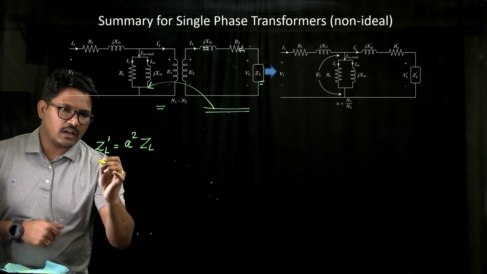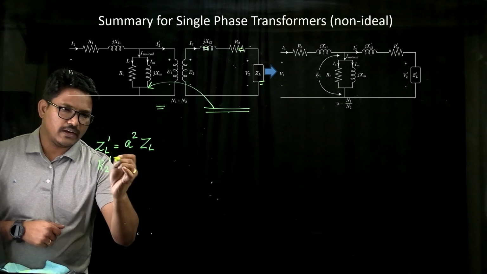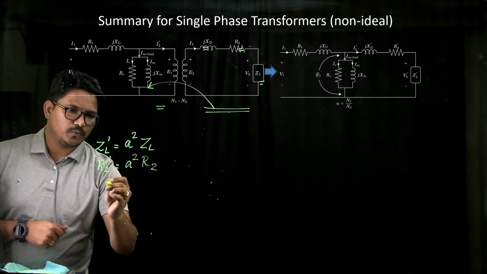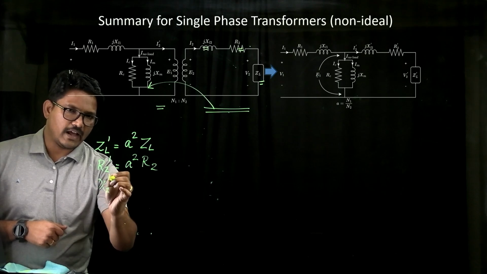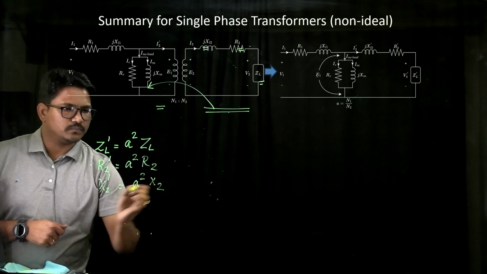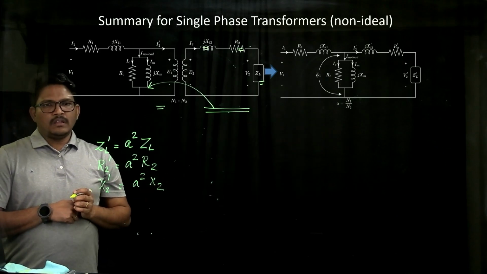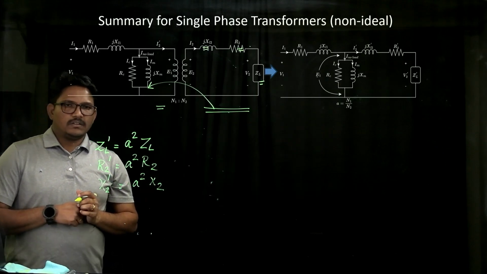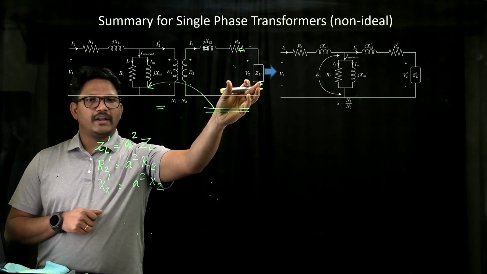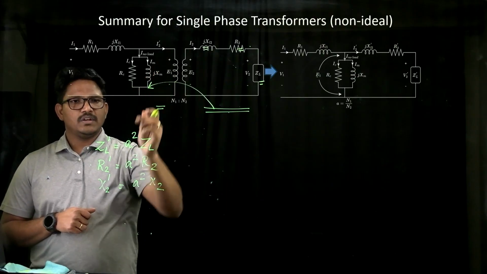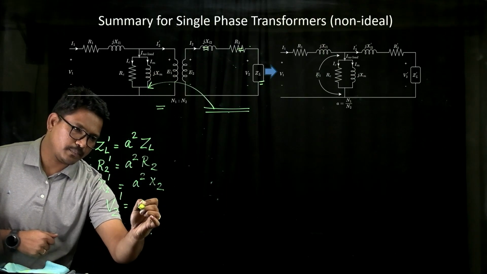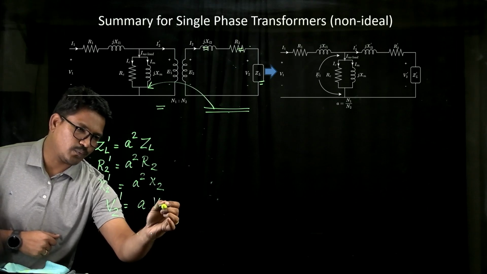Similarly, our R2 dash is going to be A square times R2, and our X2 dash is going to be A square times X2. Similar to that, our voltage on the secondary side, V2, when referred to the primary side, which will be V2 dash, is going to be A times V2.